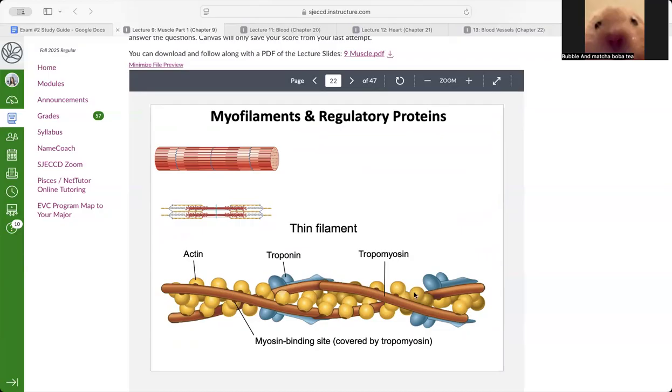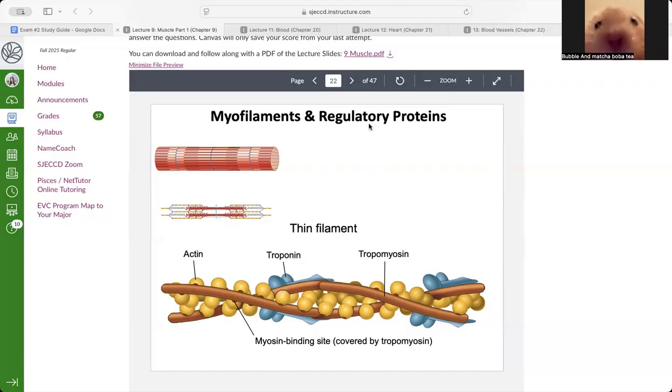But when you want to contract, you need to expose these sites. So you take calcium from the sarcoplasmic reticulum, it binds to the troponin and pulls it off, which pulls up the tropomyosin, and you can start using the actin filament to contract your muscle. When calcium is released, tropomyosin will cover again, and the binding sites will be back.